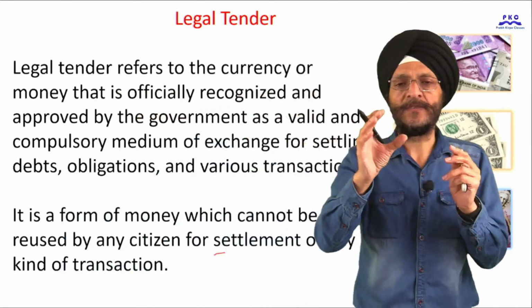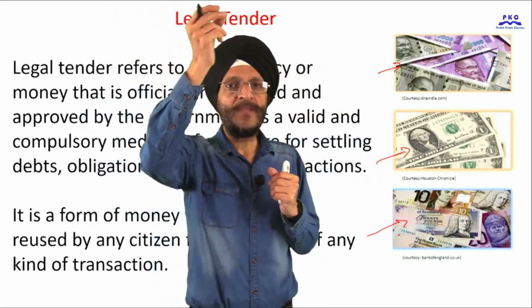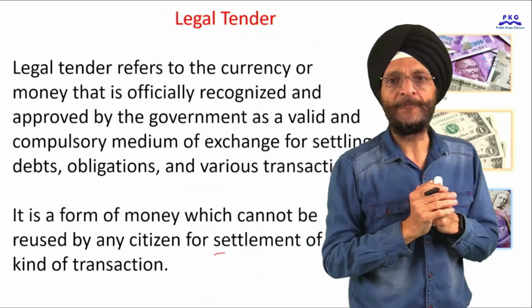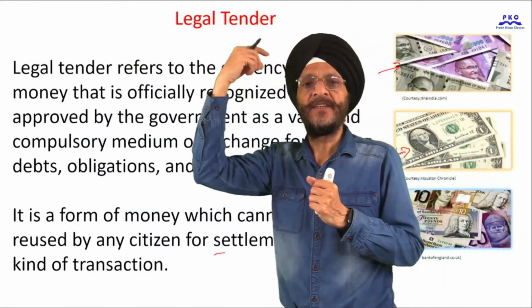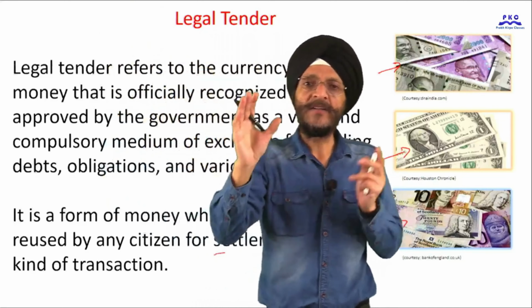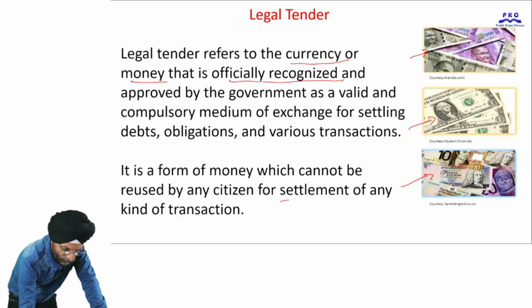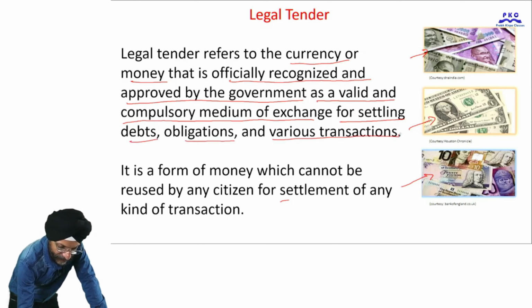So these coins or the currency notes which are used in the respective country and have been issued by the central bank of that country or by the government treasury are called legal tender. Legal tender refers to the currency or money that is officially recognized and approved by the government as a valid and compulsory medium of exchange for settling debts, obligations, and various transactions.